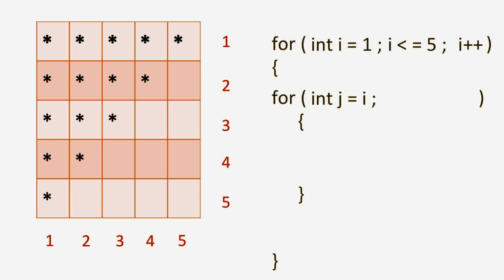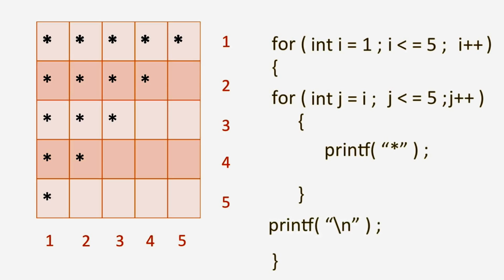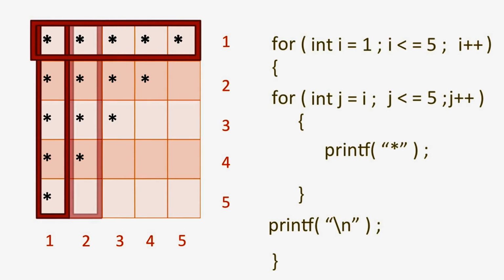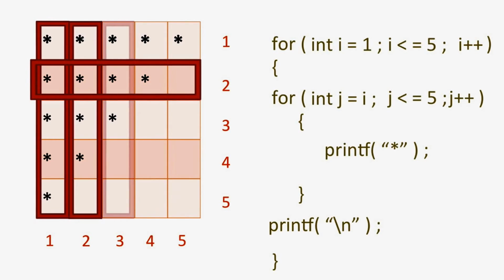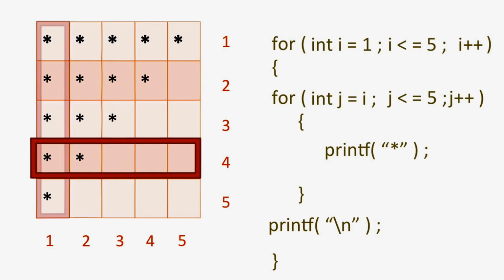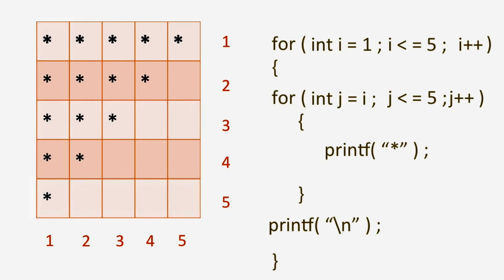Like in the second row it's 5 minus 2 plus 1, that is 4. So in the second row we go from 2, 3, 4, 5, 4 times, and the next is j plus plus. Similarly we print a star, and we see 1 2 3 4 5, then 1 2 3 4, then 1 2 3, then 1 2, then 1, and the loop gets over.